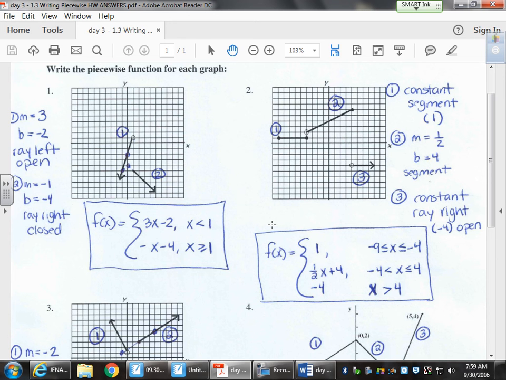Okay, I'll leave it up for a sec. These are the homework. So we did 2 and 4. People are checking answers right now for 1 and 3. Ready for 3?